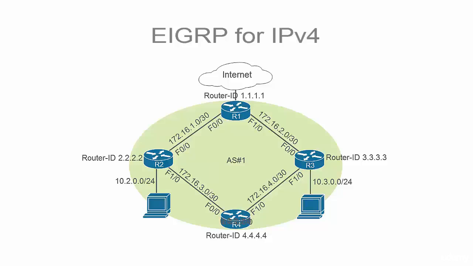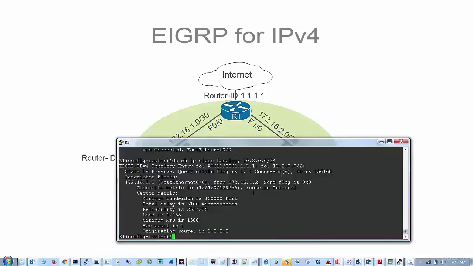Once all of the routers learn the default route, we're going to go to R4 and manipulate its delay value on F10 interface to make it so that it prefers the path via R2 for the default route instead of having two equal cost routes in its routing table.